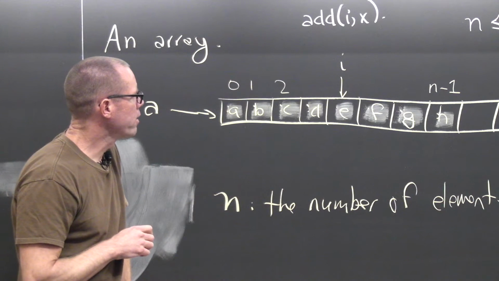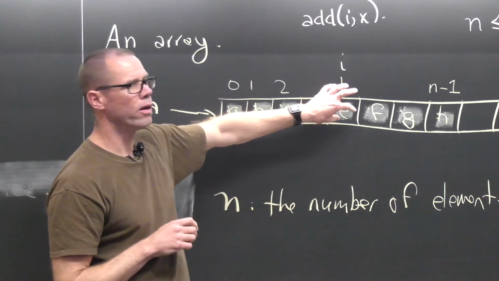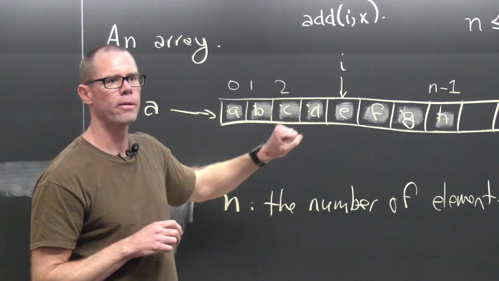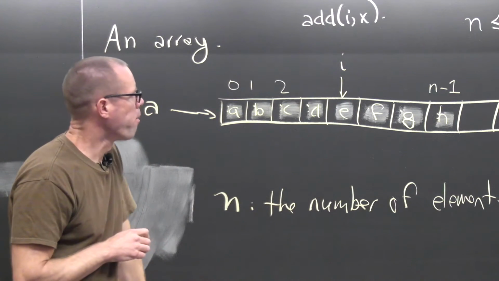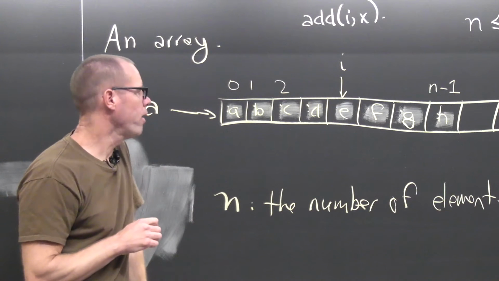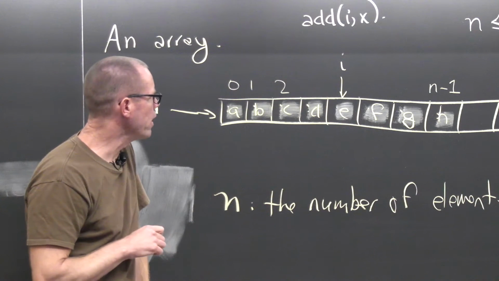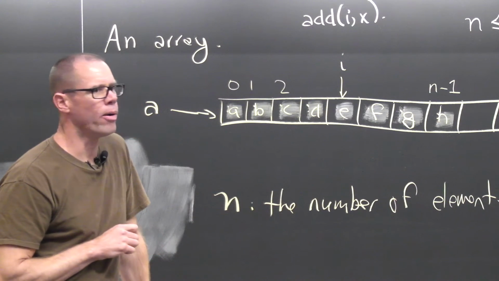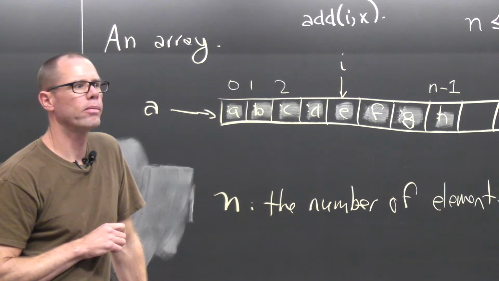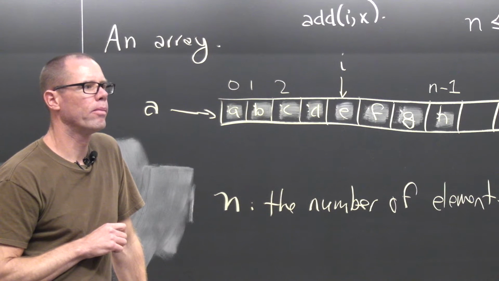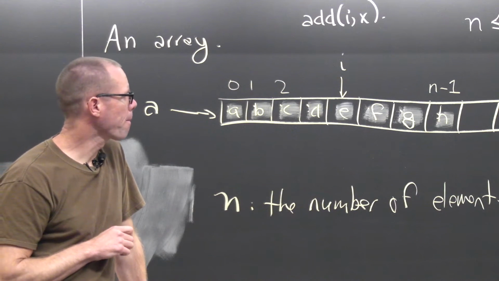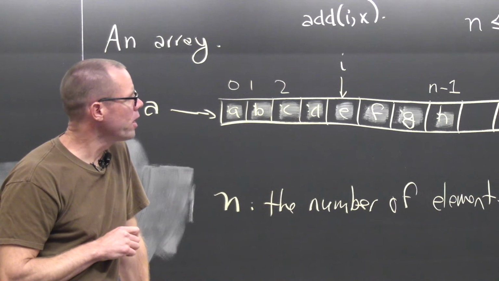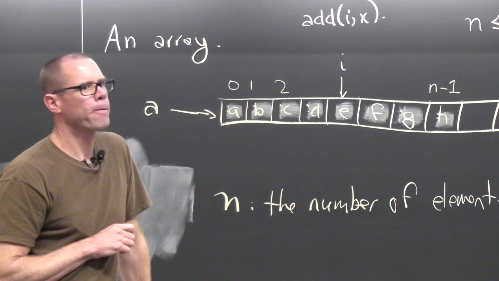And so what you're saying is that I should store E before I do that. Okay, so I can save E. Then what do I have to do? Yeah. We have to move E, F, G, and H over by 1.